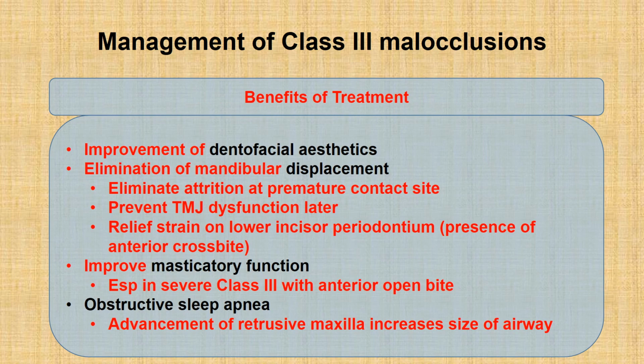Now, what are the benefits of treatment of class 3 malocclusions? One, of course, obviously there will be an improvement in dentofacial aesthetics. Now, if there is a mandibular displacement, correction of the mandibular displacement may eliminate the adverse effects of displacement, such as attrition of teeth at premature contact sites, prevent temporomandibular dysfunction, and also relieve strain of the lower incisor periodontium in the presence of anterior crossbite.